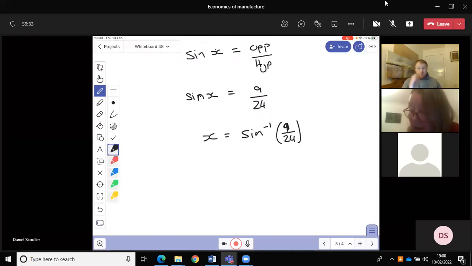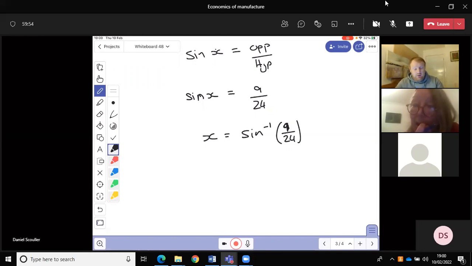When we move that sine across, we're essentially moving a multiple across, but we write it in that format: sine to the -1 and then bracket 9 divided by 24. So putting this in your calculator, you need to be careful. That 9 divided by 24 you want in brackets.